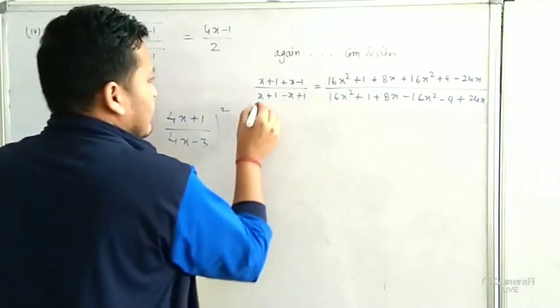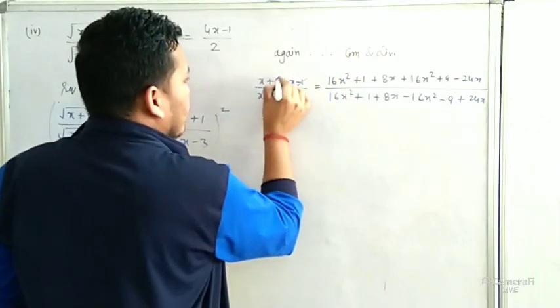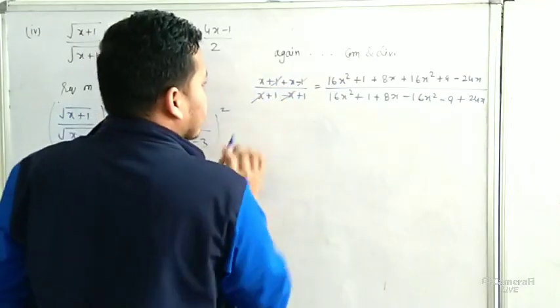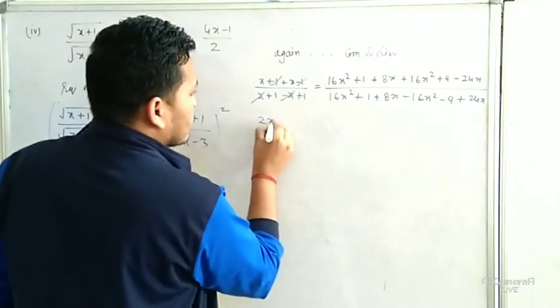So anything cancels out, yes sir. Plus 1 minus 1 cancel, x minus x cancel, what is remaining is 2x upon 2.